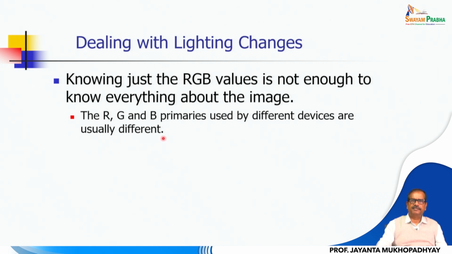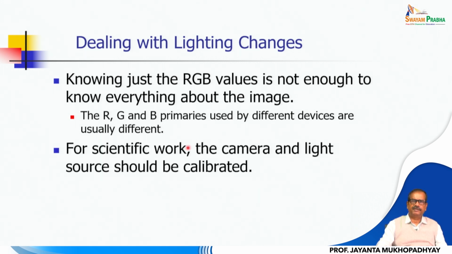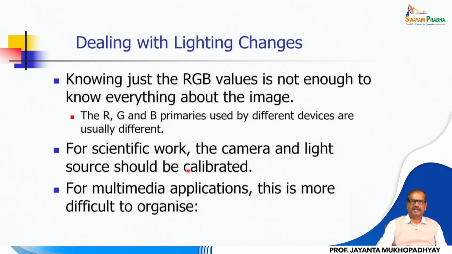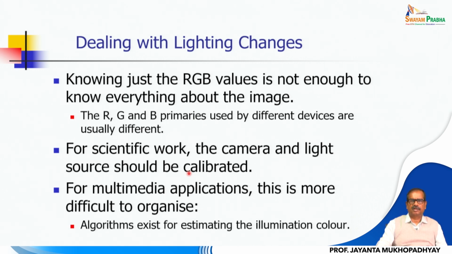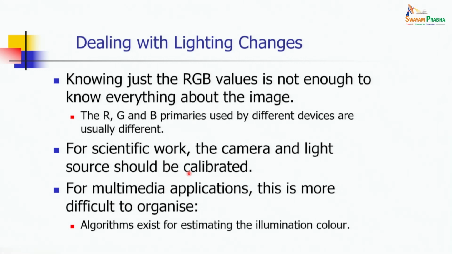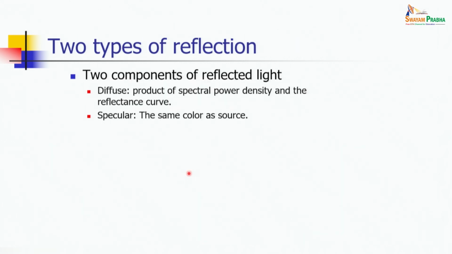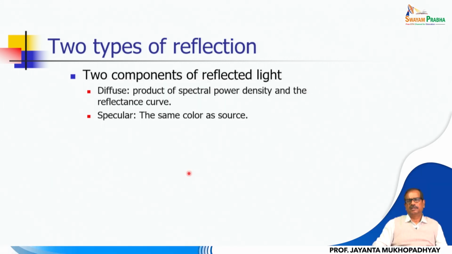As we say, the RGB primaries used by different devices are usually different, and cameras and light sources should be calibrated, and for multimedia applications this is more difficult to organize. So algorithms exist for estimating the illumination color. This gives you some means, because if you can get the color of the light source, then you can apply certain corrections to bring the colors to a normalized or canonical environment.